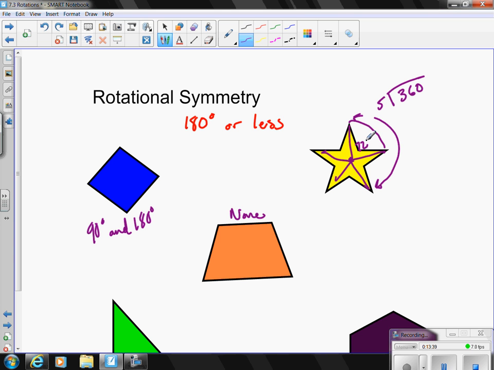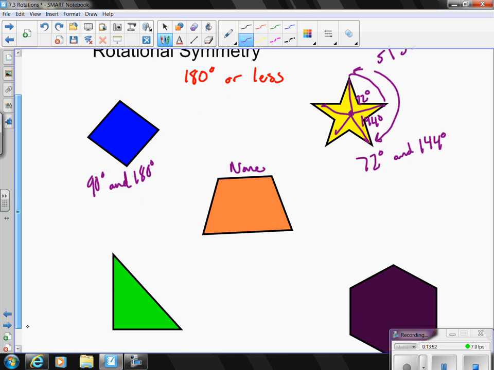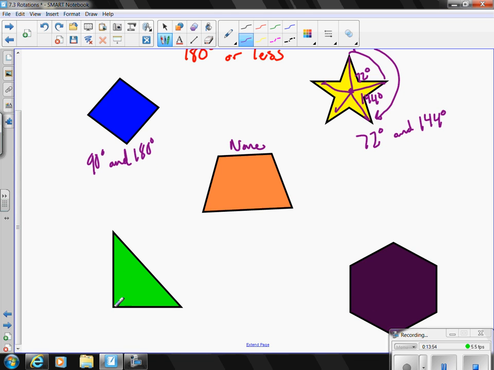So that would be a 72 degree angle. This would be a 144 degree angle. This one, none, and this one would have a few different ones.